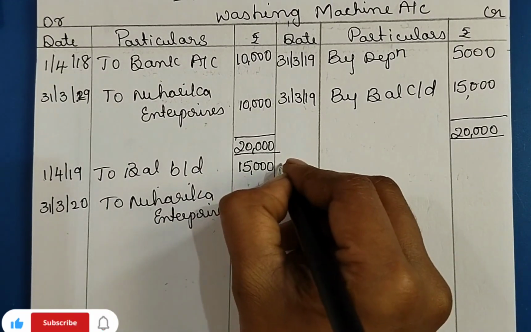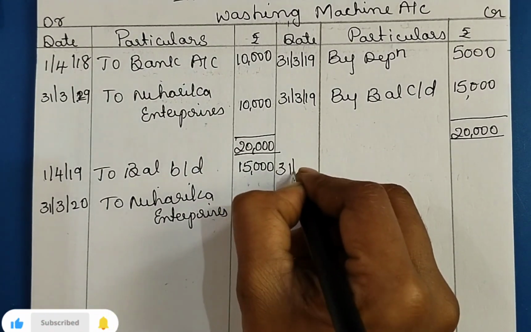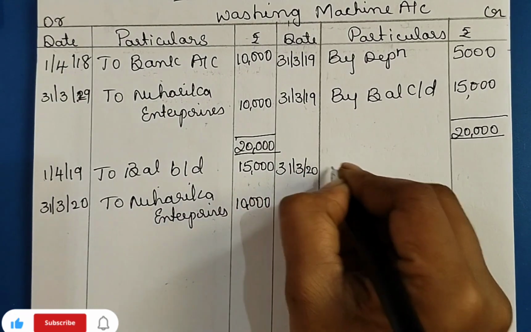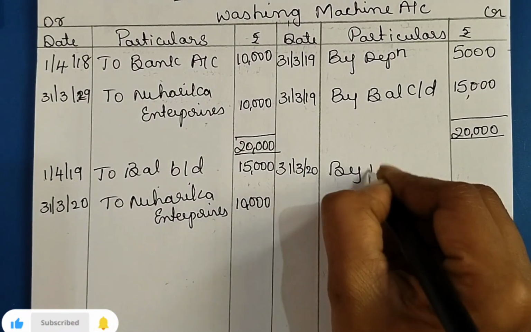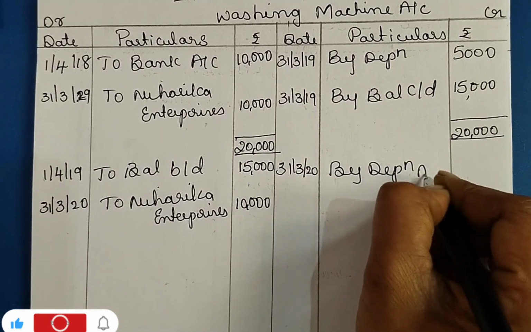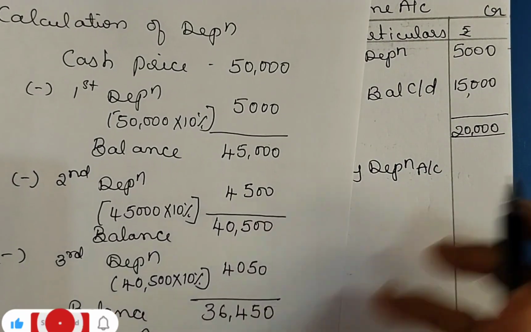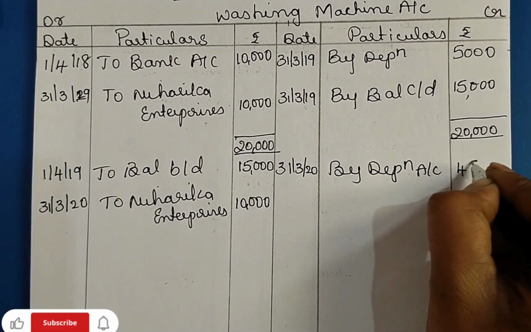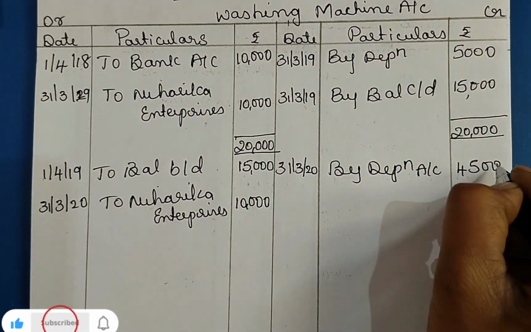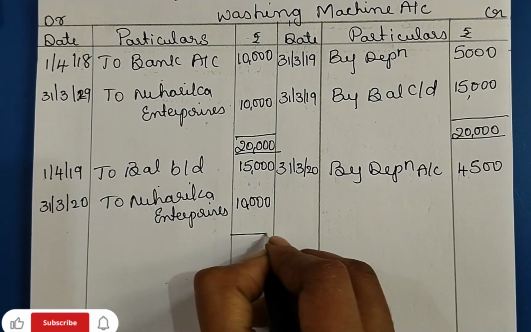And depreciation, the second year depreciation on 31st March 2020, by depreciation account. What is the amount of depreciation? 4,500. Now what is the balancing figure?